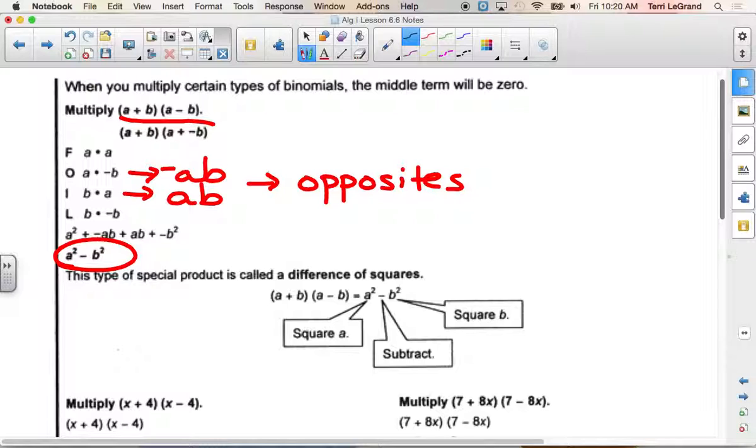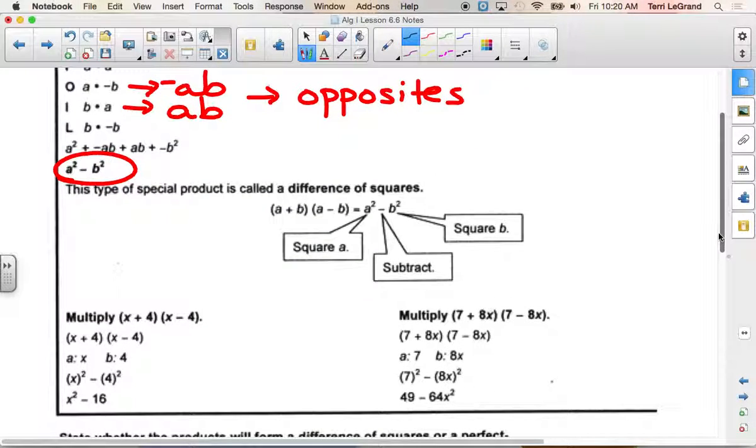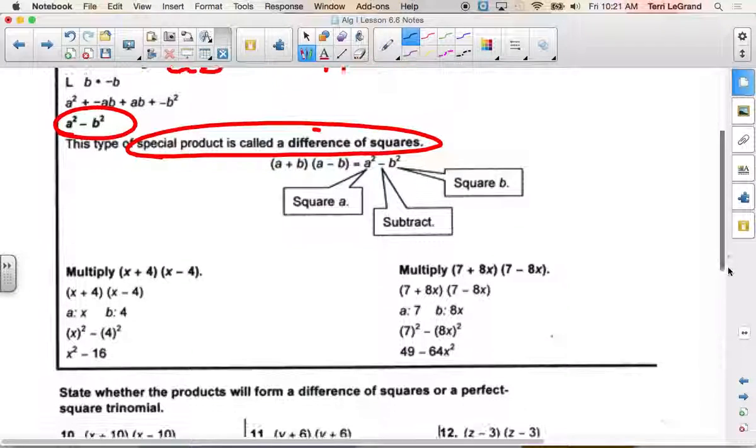These have a special product called the difference of squares. Instead of a perfect square trinomial, it's going to be the difference. It's always going to be subtraction. That's what difference means. And we're just going to square the first term and square the last term. That easy. I'll leave those for you to study on your own.